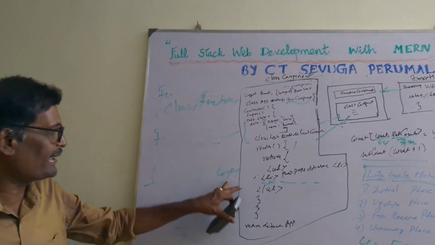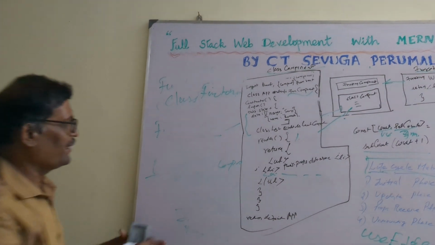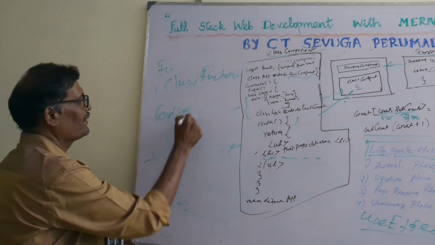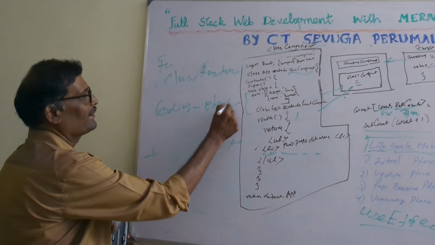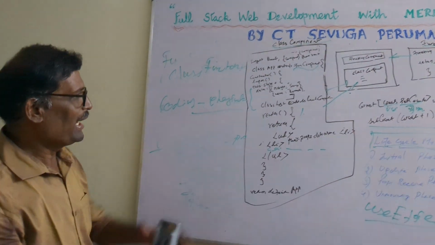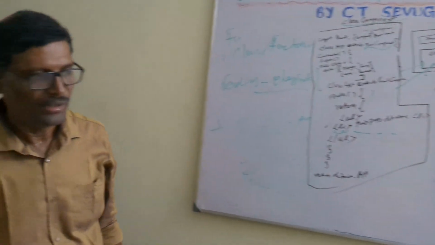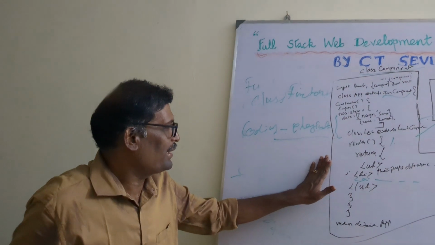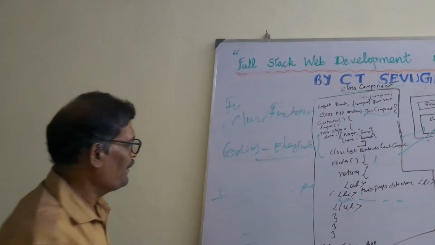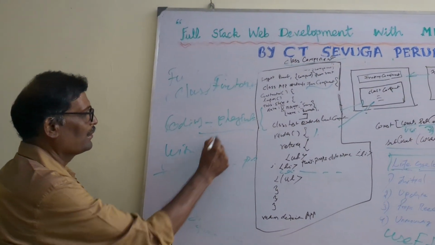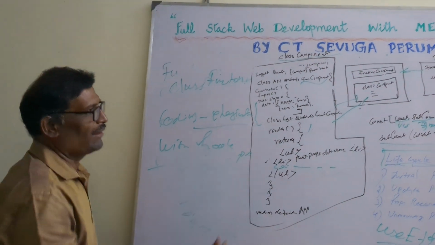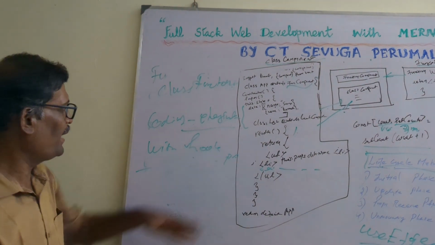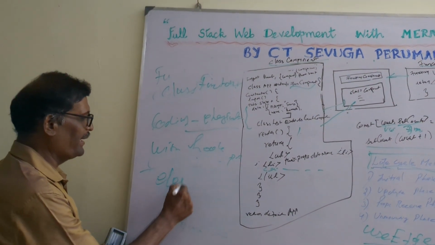The class component does all those things, but at the same time the coding is not that elegant in a class component. We have to write lengthy code, and that does not look elegant. But with the help of hooks, the functional component can also do most of the work the class component does, and at the same time the coding is very elegant.